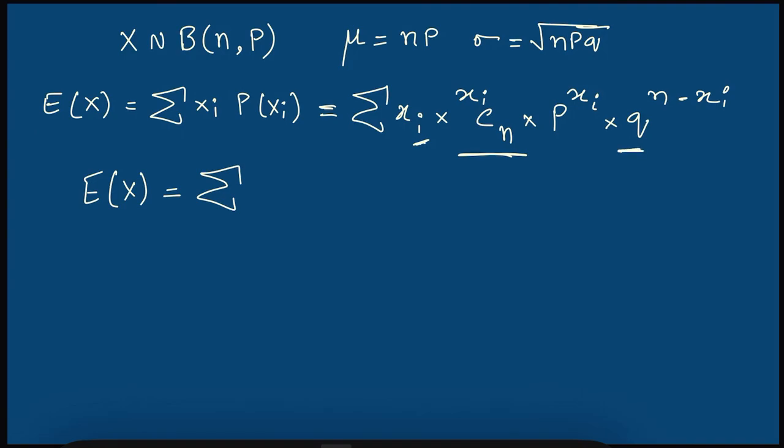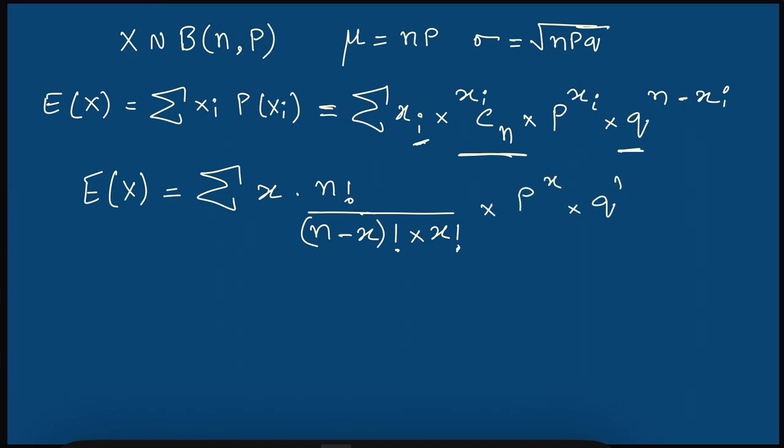So our next equation after this step is going to be x into n factorial upon n minus x factorial into x factorial, then p to the power x, q to the power n minus x.